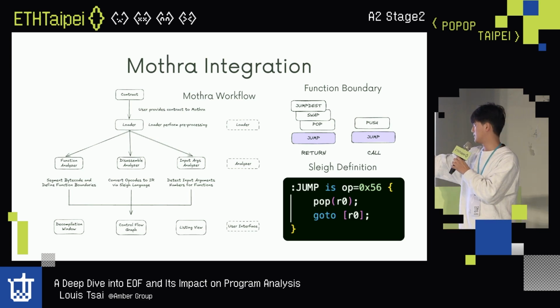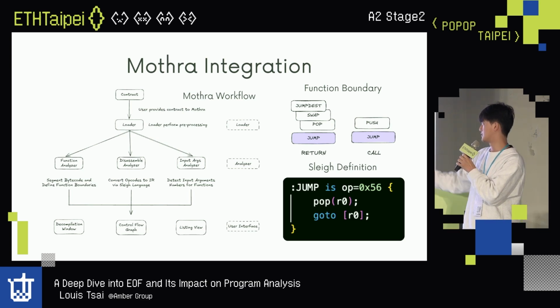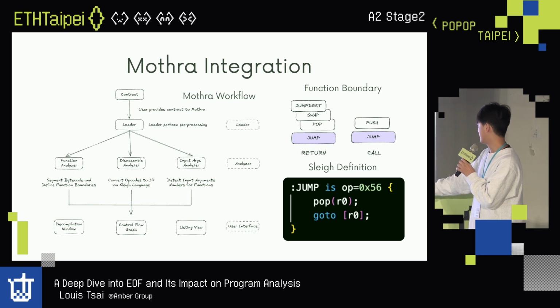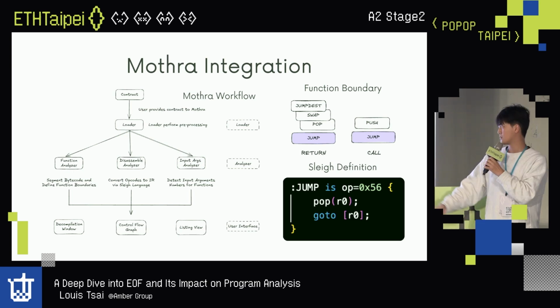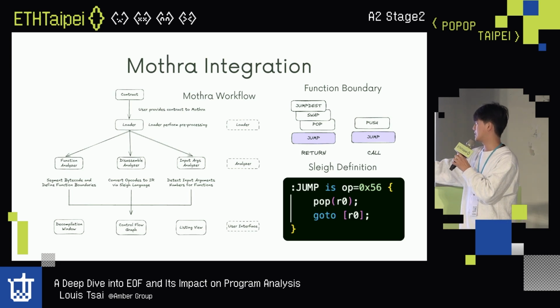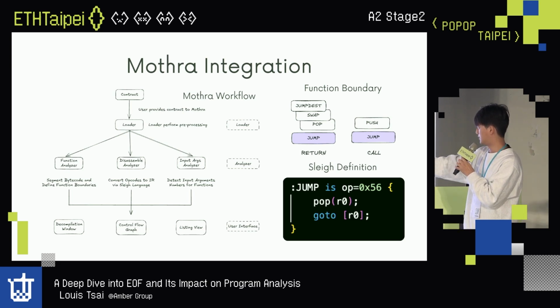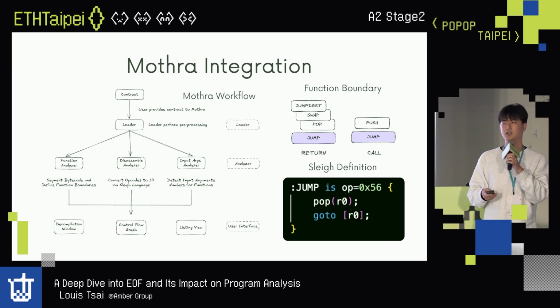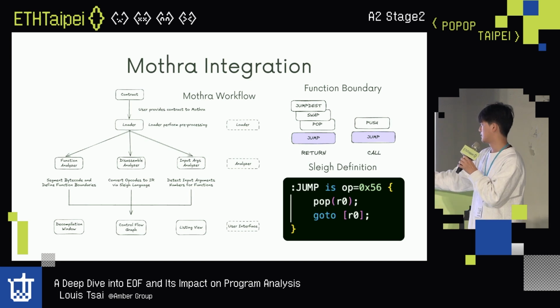And we also have the disassemble analyzers. We define the state definition for each bytecode. So this disassemble analyzer will convert the opcode to intermediate representation using this definition and help us display the decompilation window and the decompilation view.